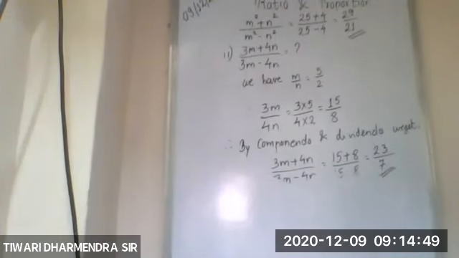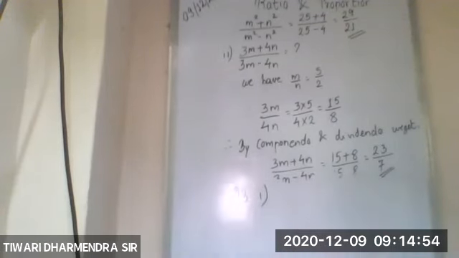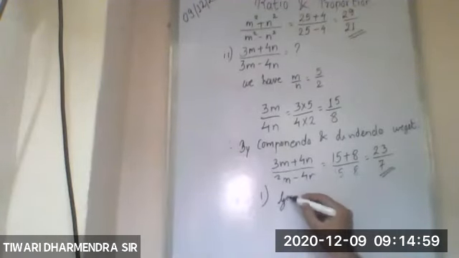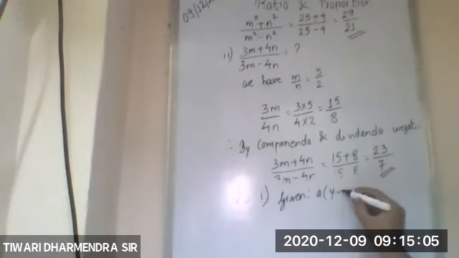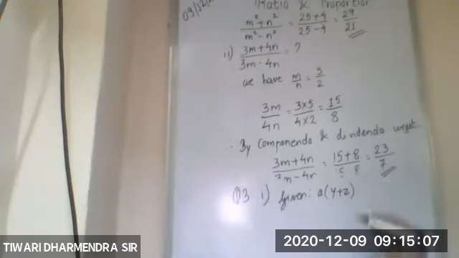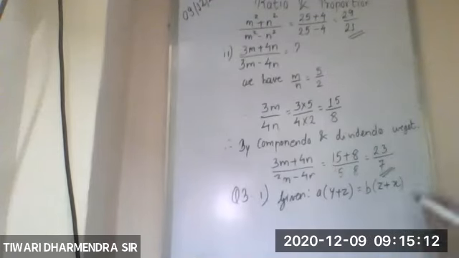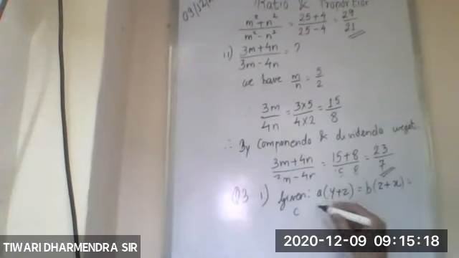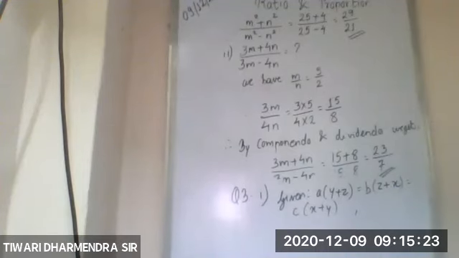Now, what they have given us in question number 3 first. We have a into y plus z is equal to b into z plus x is equal to c into x plus y, with the condition that not two of them are equal.